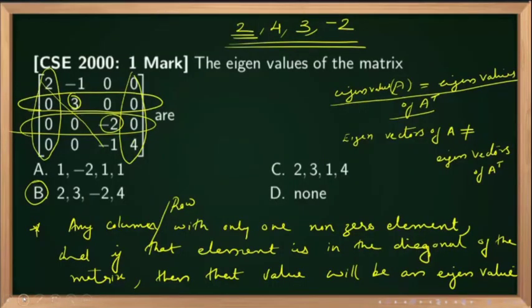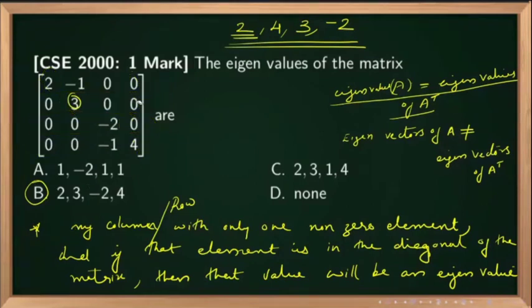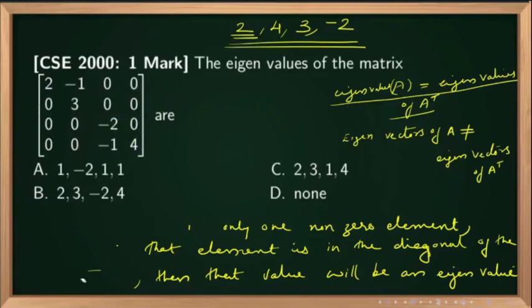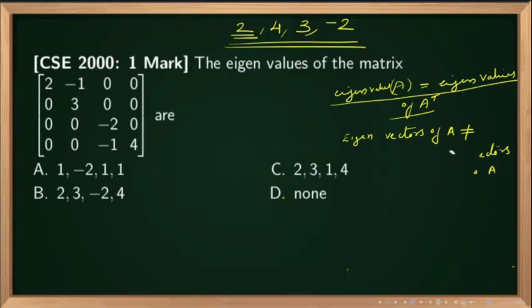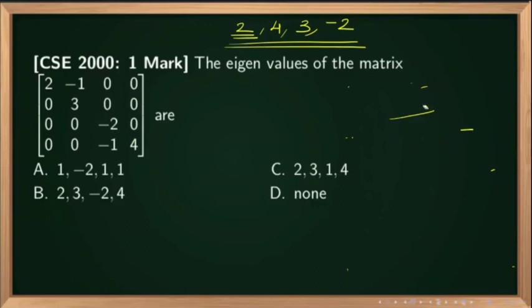I have the matrix, I'll rub off everything. This was a question where we learned a new thing: if any row or any column has only one non-zero element, and that element happens to be on the diagonal of the matrix, then that value will be an eigenvalue. That is what I told you, right?